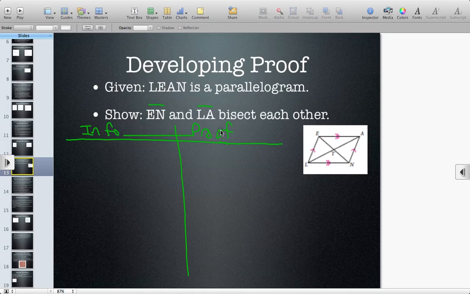We're told that LEAN is a parallelogram. So the first thing we can say is that line segment EA is congruent to line segment LN because of the parallelogram opposite sides conjecture. I'm going to abbreviate that to para opposite sides conjecture.